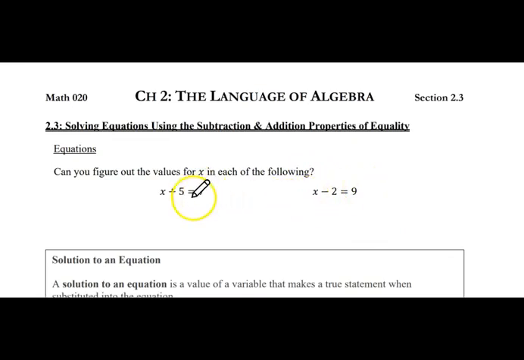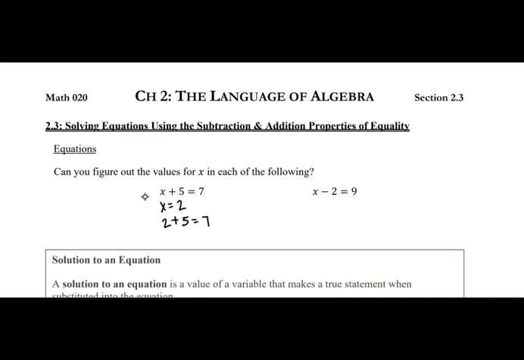When we deal with small numbers, it's pretty easy to guess what the answer is going to be. So I have a number added to 5 to get 7. Because we are operating with very small values, we can quickly figure out that the number in question is 2. So x equals 2 because 2 plus 5 equals 7.